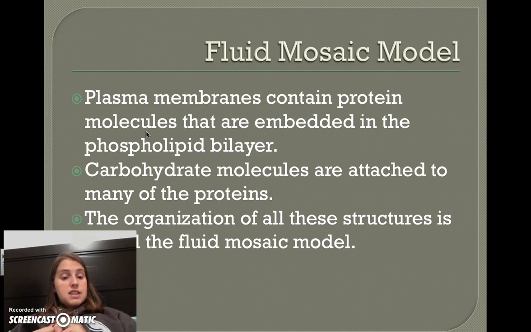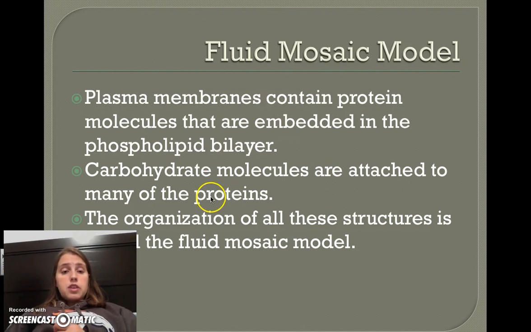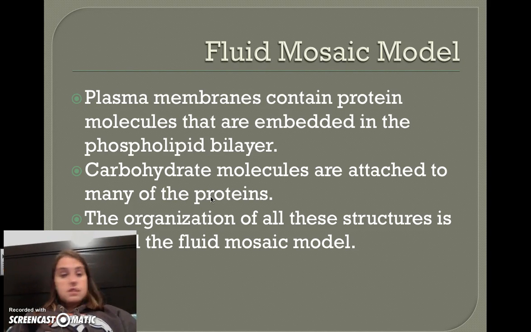This is another way we interact with our environment or react to our environment, as well as how our immune system works, like I said. So we will be going over that next unit, as well as when we do the human body. And carbohydrate molecules are used as signaling. So they signal to other cells that something is going on in the cell.